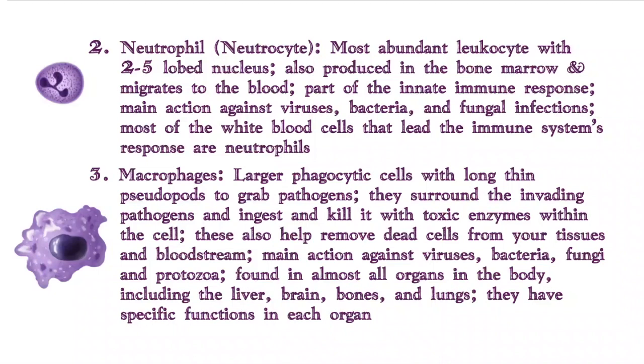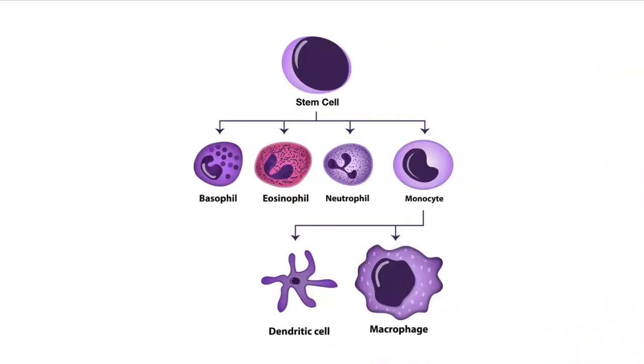This can not only happen to viruses, bacteria, but also fungi and protozoa. Now they are specific to each organ. So here you can see the breakdown of the different cells. We're going to start with the stem cell produced in the bone marrow, differentiate into the basophil, eosinophil, neutrophil, and monocyte.